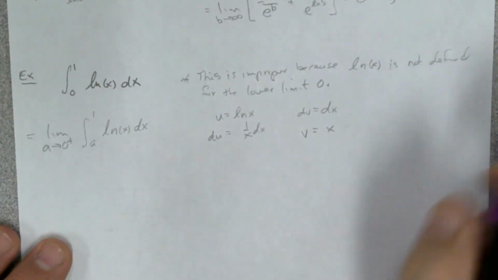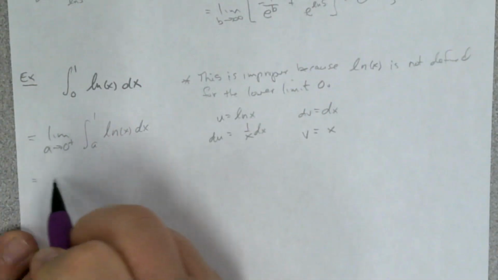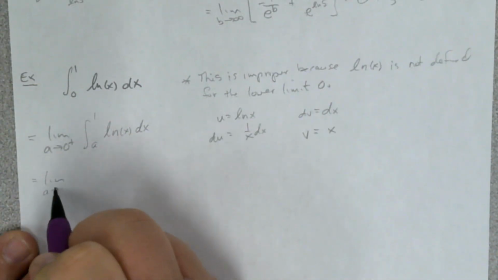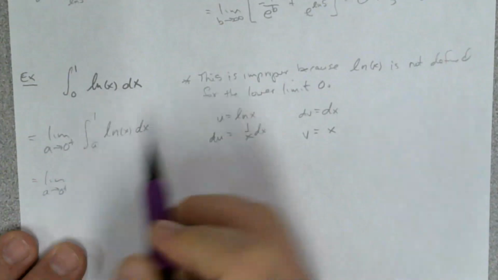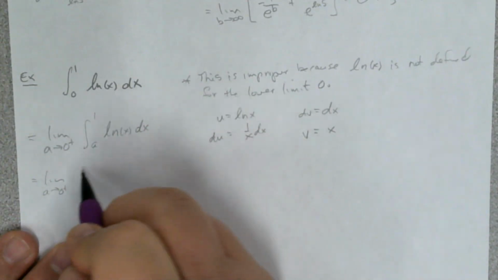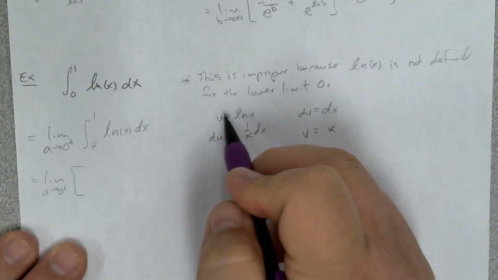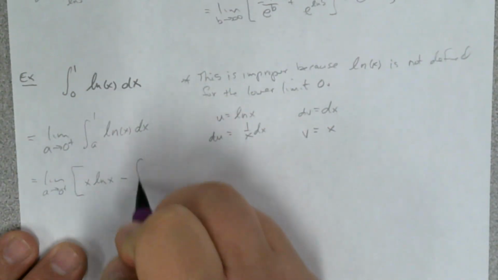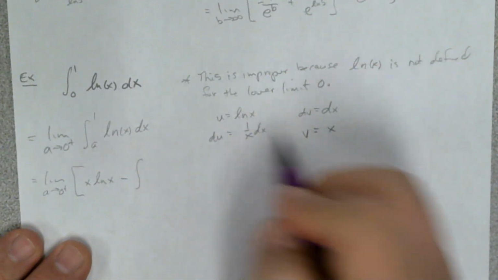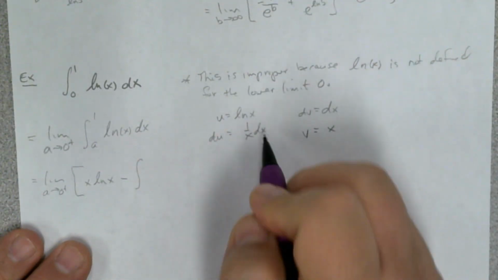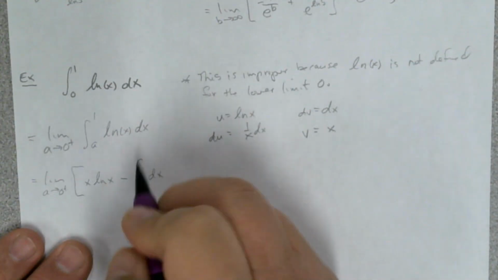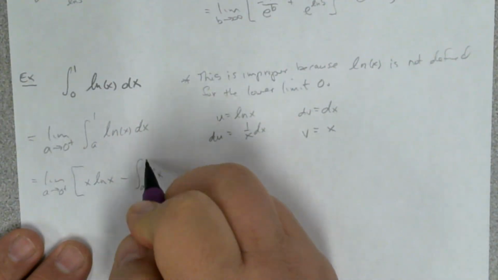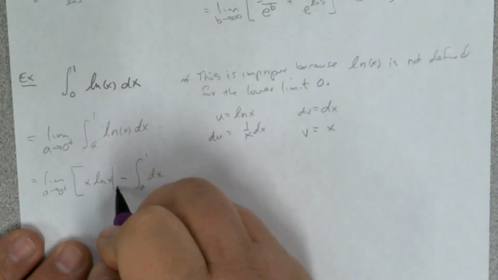Okay, so then the limit as a goes to 0 plus of this quantity is going to be u times v minus the integration of v du, so that times that is 1, this is just simply going to be a dx. And this is still going from a to 1, evaluated from a to 1.